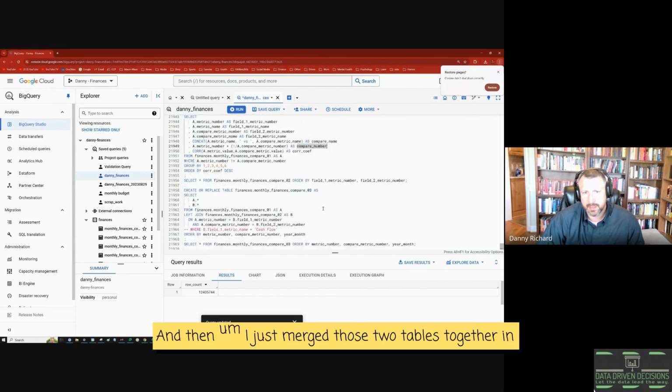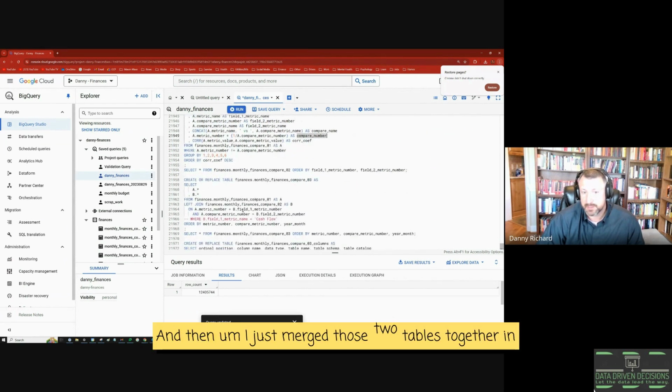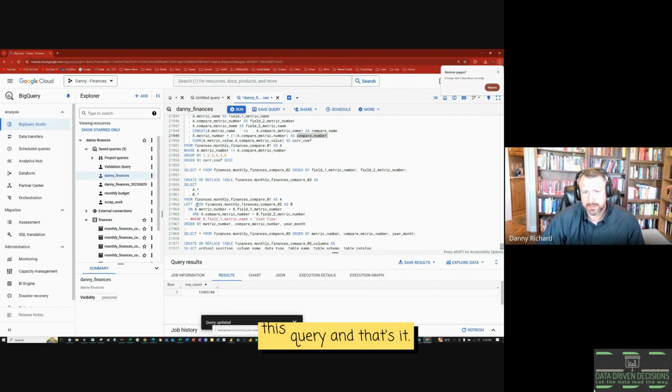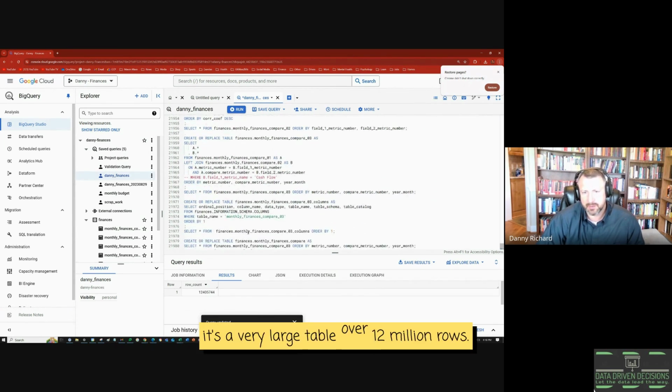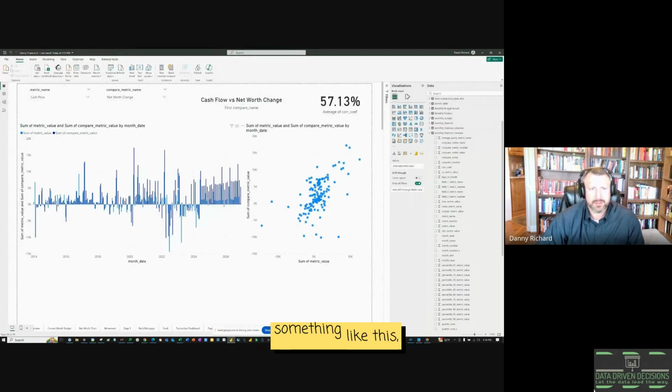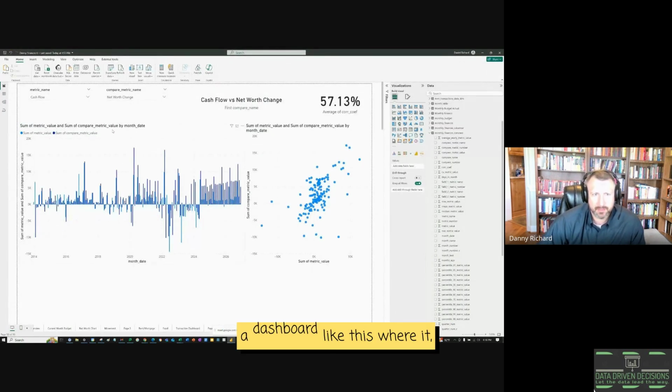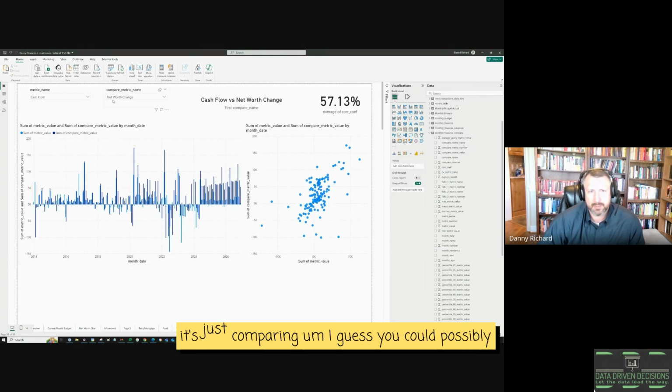And then I just merge those two tables together in this query, and that's it. And yeah, it's a very large table, over 12 million rows. So now it's getting into big data realm, but there's no finer way to do a dashboard like this, where it's just comparing.